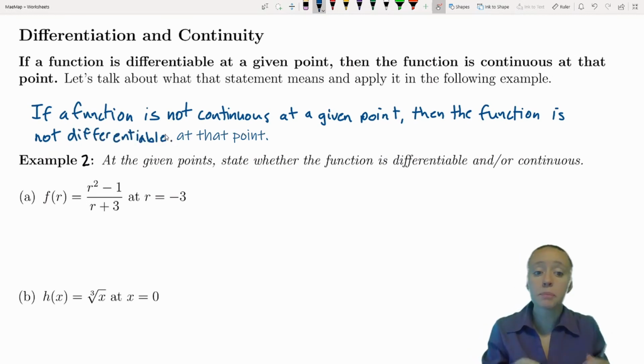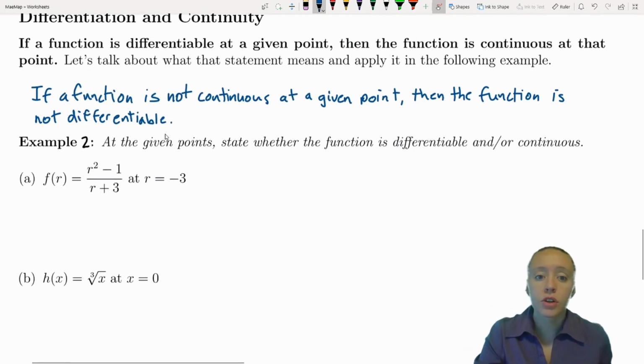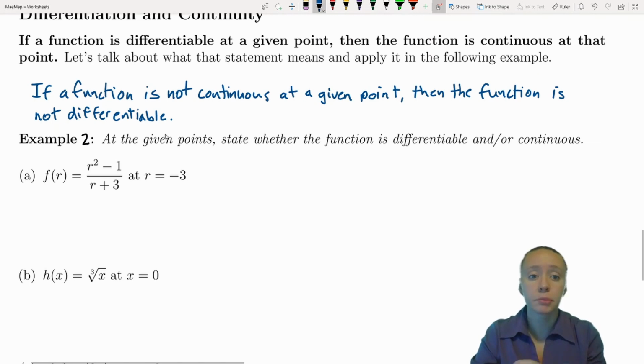So essentially, just because a function is continuous does not necessarily mean it's differentiable. However, if a function is not continuous, then we know for a fact it's not differentiable. But let's look at example 2 and go over a couple different cases of what makes a function differentiable or not, and what makes the function continuous or not. So we know that if it is differentiable, then it is continuous. And if it's not continuous, we know that it's not differentiable.